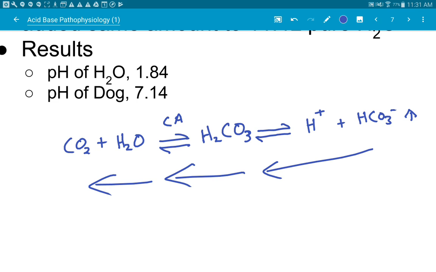Plus, you're right, they're not breathing off CO2. And even if you drive the reaction this way and they have a lot of CO2, the CO2 itself is not going to hurt them. It's just a gas. It's when it's in the acid form that's going to get them. So you just drive the reaction away from all those hydrogen ions.